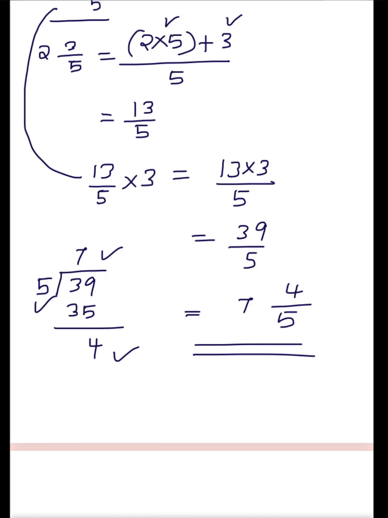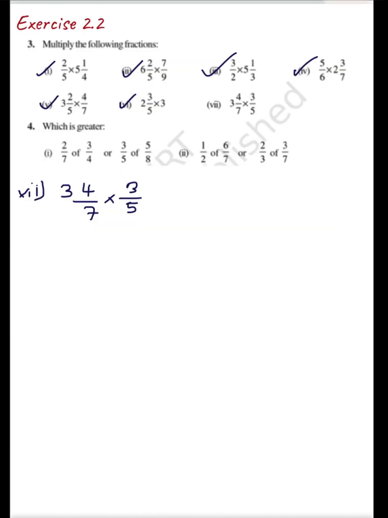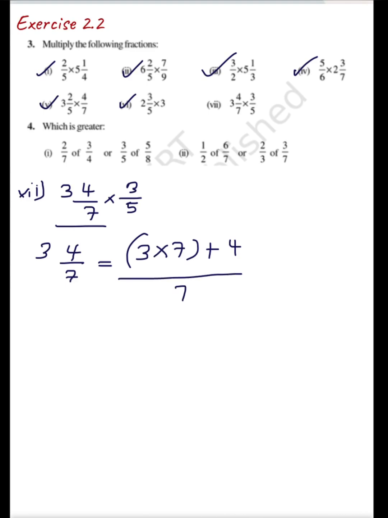Okay, easy. So now let's see the last question, that is the seventh one. This is the seventh question, that is 3 4 by 7 into 3 by 5. Here also I have to convert this 3 4 by 7 to an improper fraction. So just cross multiplying, 3 into 7 plus 4, that is numerator 4 divided by denominator 7.